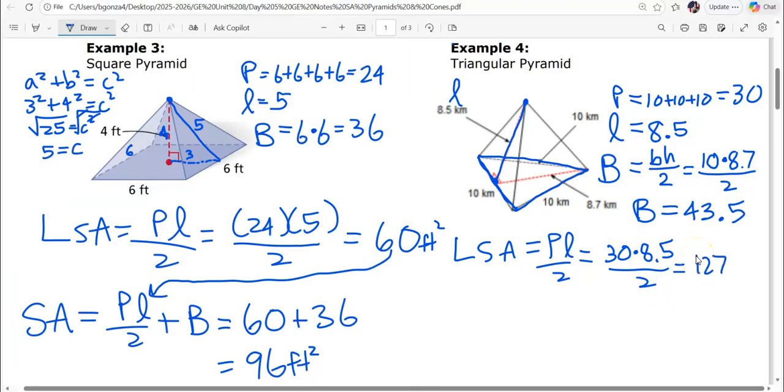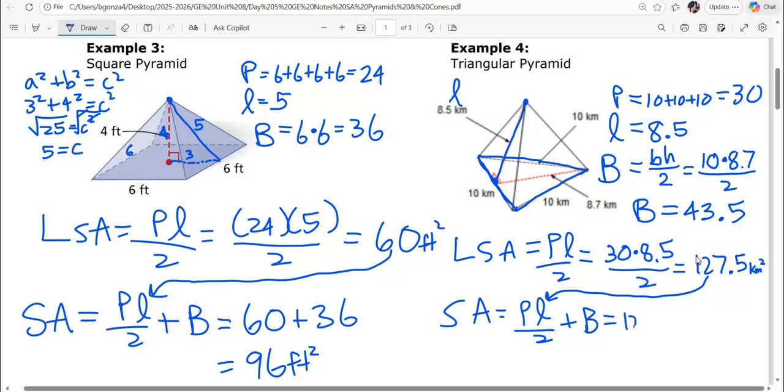$127.5 is my lateral surface area. Kilometers squared? Sheesh. And then the surface area is PL over 2 plus capital B. We know PL over 2 is 127.5.